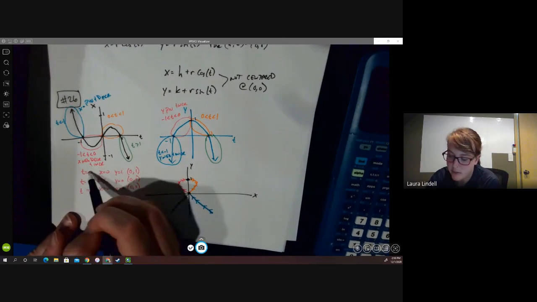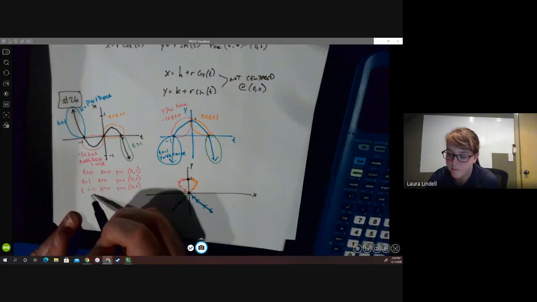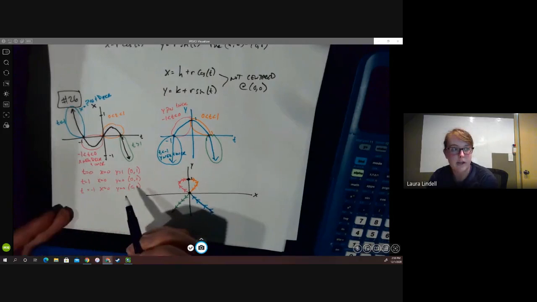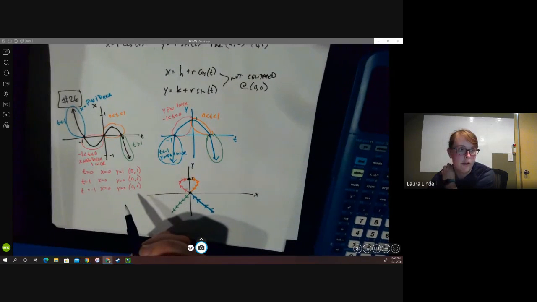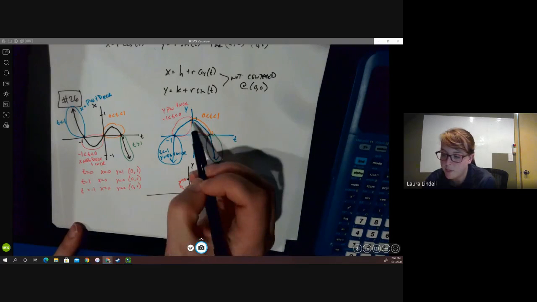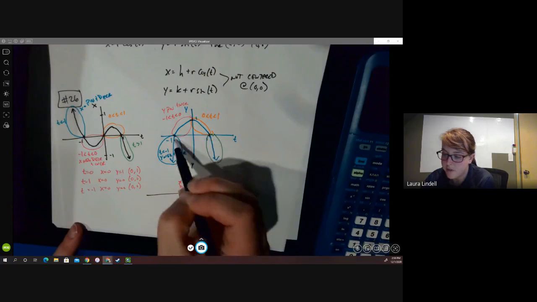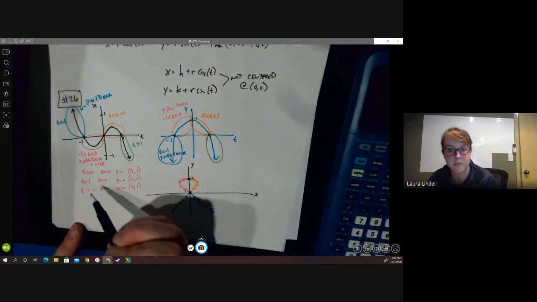So that means when time is 0, when time is 1, and when time is -1. Those are all places where x is 0. So that's a good place to start. There are two places where y is 0, but it's encompassed in two of the places where x is 0.